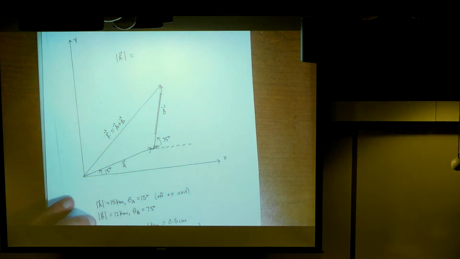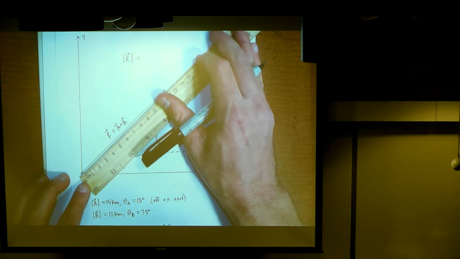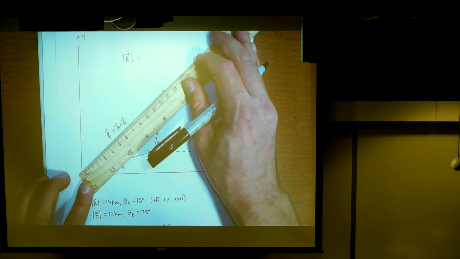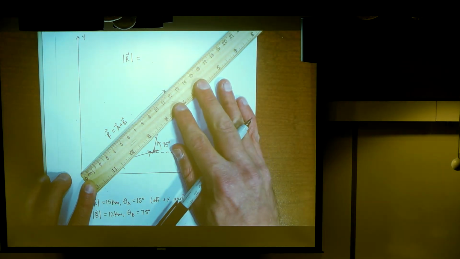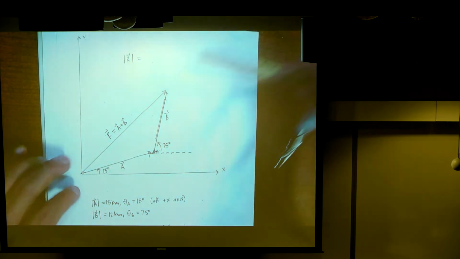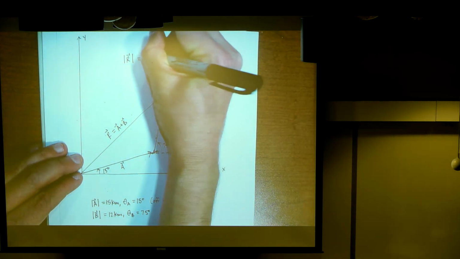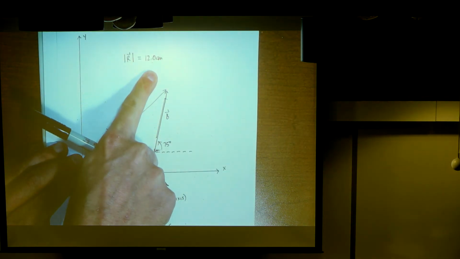Let's just measure it. Okay, we can measure it directly. I don't know about you, but I'm seeing just around 12, right? I think it's almost 12 on the dot. So let's just say 12.0 centimeters. That's on the diagram, remember.